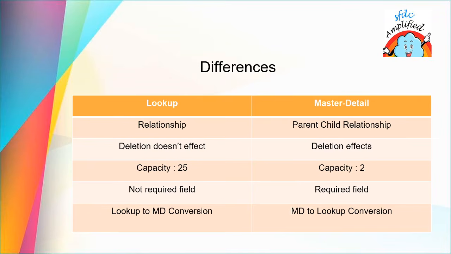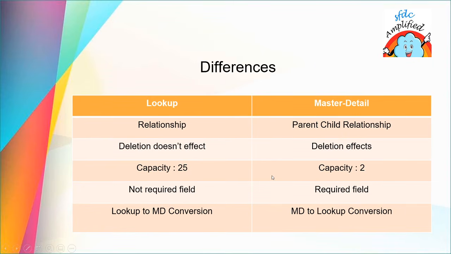So the differences are like this. If you delete a master record in the master detail, even the child will get deleted. Whereas in lookup, it will not get deleted.